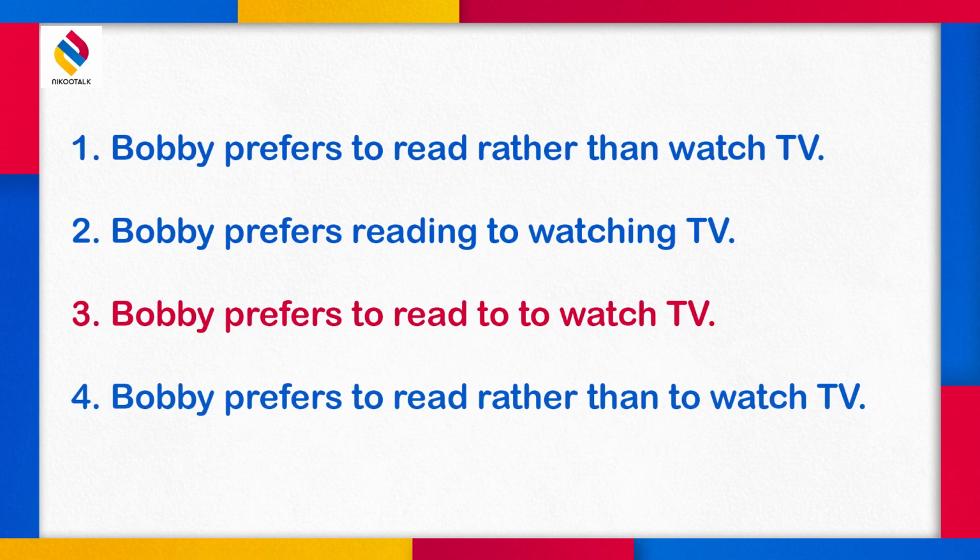But in number 4, in both parts we have the infinitive with to: to read, to watch. They are both correct. Also, number 2, you can use the word to between the two gerunds, the two ing forms.